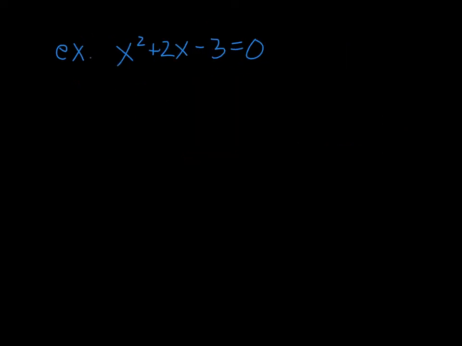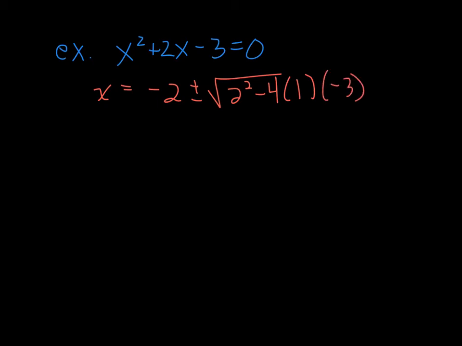So let's try using the quadratic formula to solve this quadratic. So my solutions are the opposite of b, so negative 2, because b is positive 2, plus or minus the square root of b squared minus 4 times a, which is 1, times c, which is negative 3, all over 2 times a.